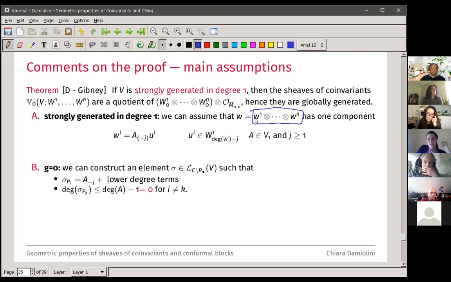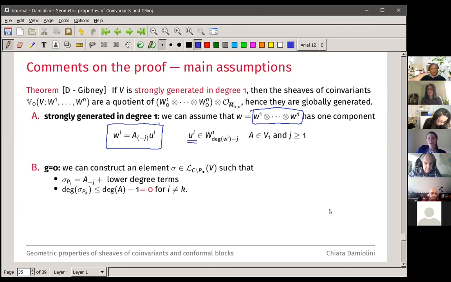It means that if I write it as a tensor, one of these elements, I call W_i, can be written in this form, where U_i has lower degree, A has degree 1, and J is positive. This doesn't follow automatically from the definition, but essentially using a bit of commutators and associators, you can deduce that this is true.